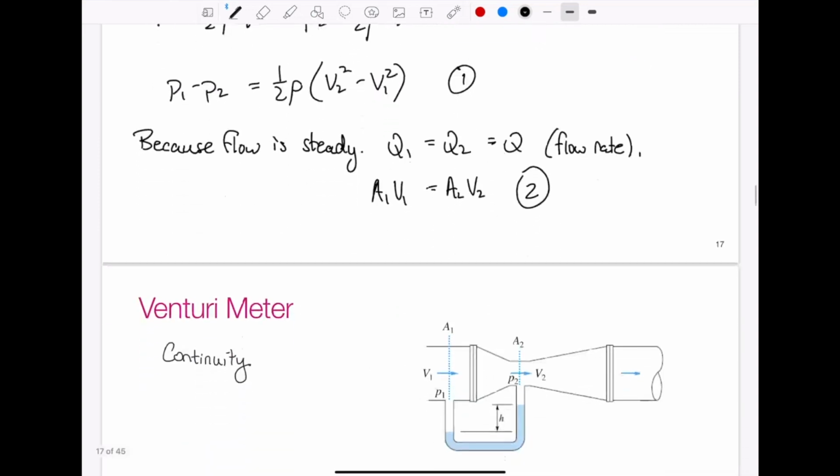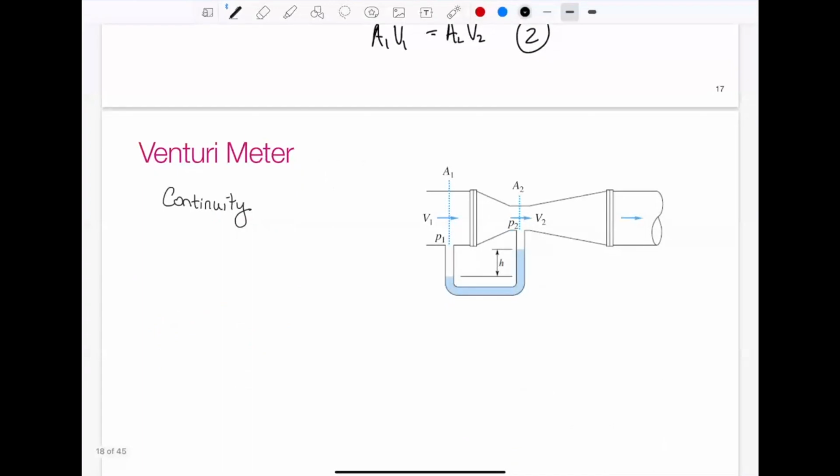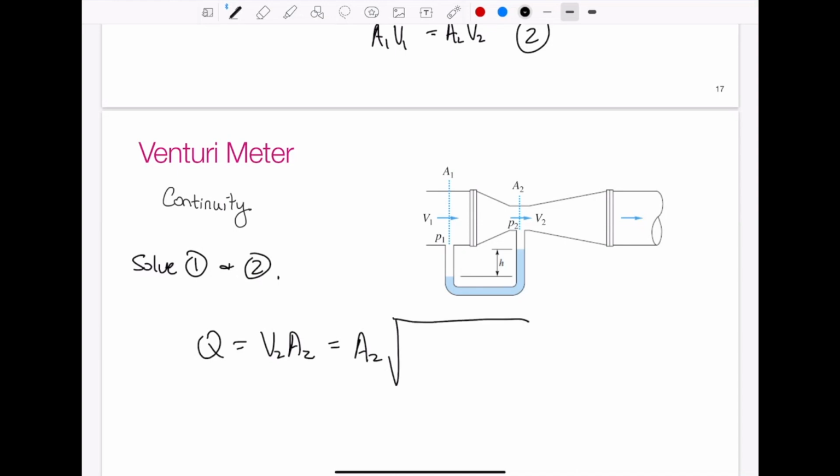So if we put those two equations together, we get Q is equal to V2 times A2, which is equal to A2 times the square root of 2 times (P1 minus P2) divided by rho times (1 minus (A2 over A1) squared).